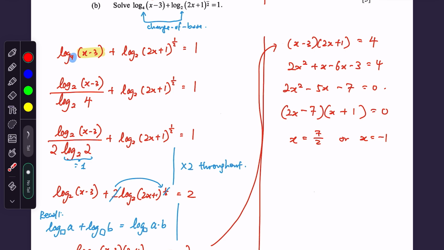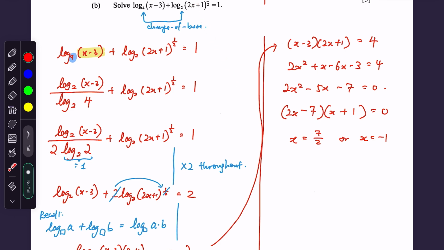Don't care about your own working, just sub into the original equation. So if you have 7 over 2, that's 3.5. If I sub into here, 3.5 minus 3 is 0.5, nothing is wrong. It's just a positive number, so it doesn't really matter.